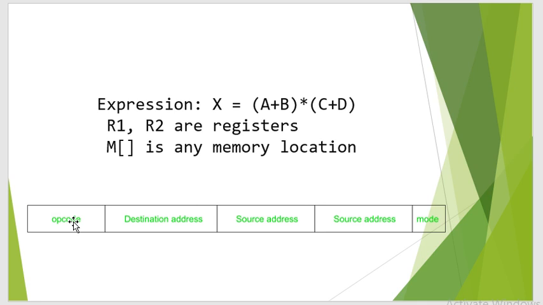The second is source address 2, that is register 2. Then destination address, which is another register. The use of this destination address is to store the output or result value to the memories. After that, the mode field. This mode field is used to manage the operation to be performed.